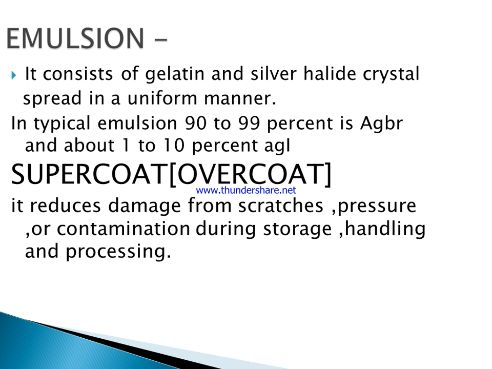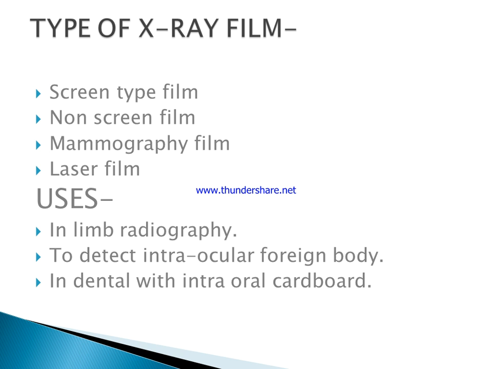In a typical emulsion, 90 to 99% is AgBr and about 1 to 10% AgI. Supercoat, also called overcoat or top coat, is used to reduce damage from scratches, pressure or contamination during storage, handling and processing of the radiographic film.